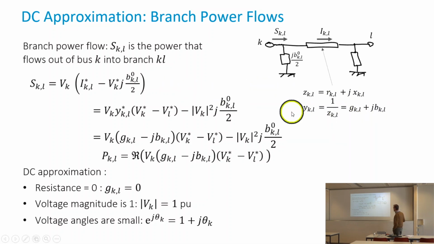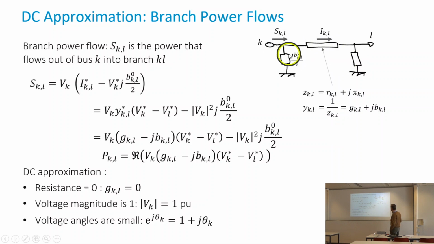So why do we care about the admittance? Well, because when we write the power flow equation, that's much more convenient with the admittance. The admittance writing of the power flow equations is this: the power flow on line KL measured at the departure of node K, so this value here. Remember, it will not be the same at the other end because there are losses in the line.